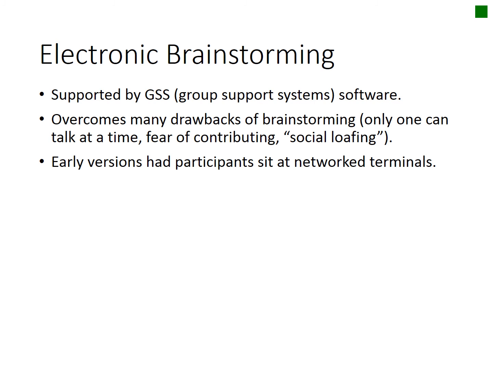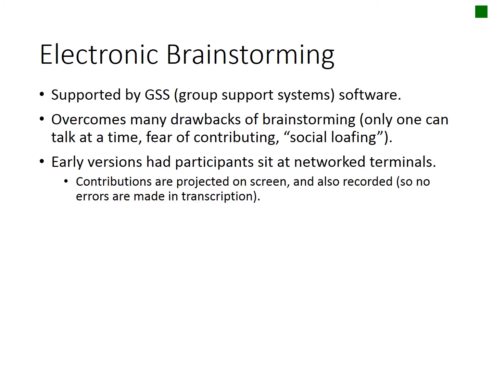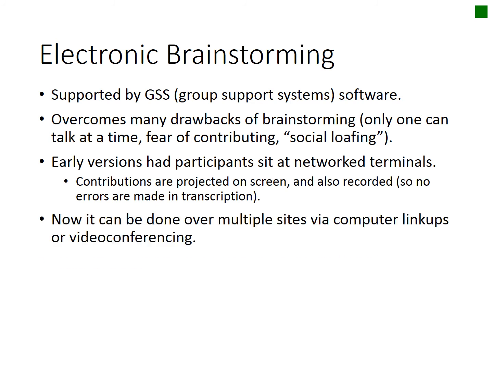Early versions of electronic brainstorming happened at a single site with networked terminals. Nowadays, that's less important because we have internet capabilities, and we can meet remotely very easily, and we can communicate very easily, especially through social networking. Again, in early days, different ideas would be typed in, projected on the screen and then recorded.